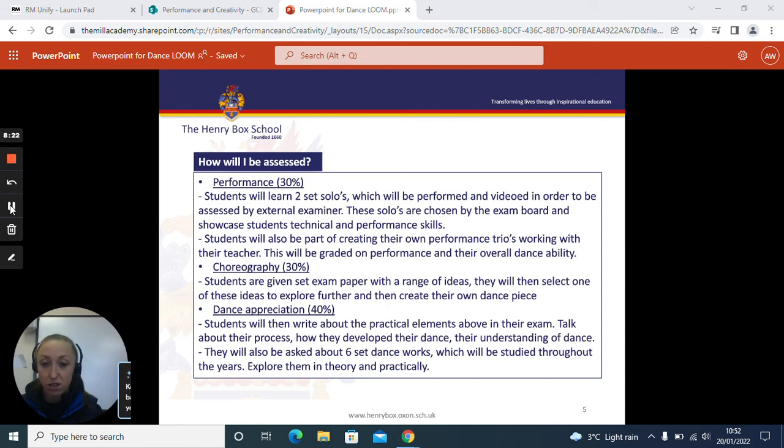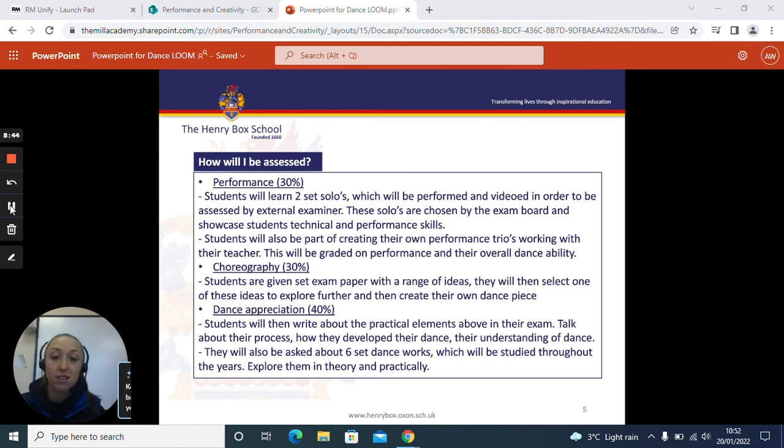You will explore them practically and theoretically. So the questions will be based on why did that movement happen? What were they trying to portray? We will study them in quite some depth, and then your exam will be based on those 6 set dance works that we will have already studied.